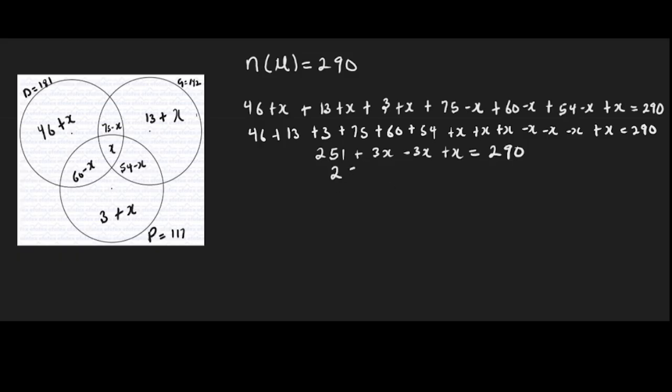This is 251 plus 3x minus 3x, that's gone. We have plus x equals 290.